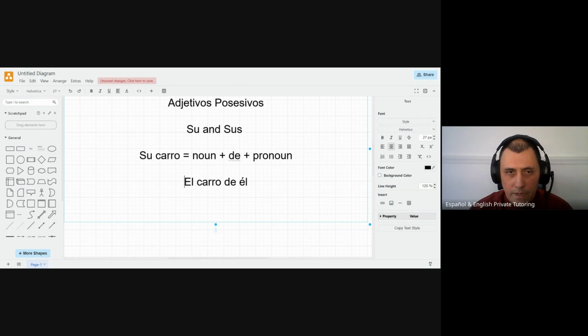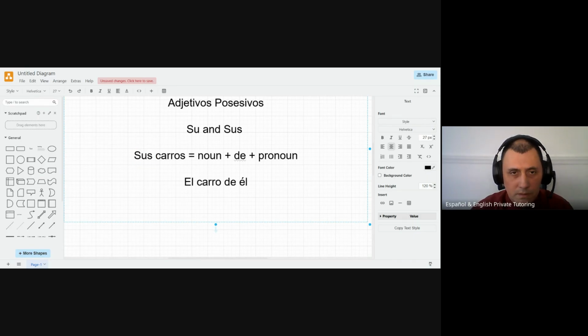Now, the other thing is that I can also say sus carros. In English it will be his cars. Sus is also ambiguous because it can refer to your, plural, singular, he, his, and so on.